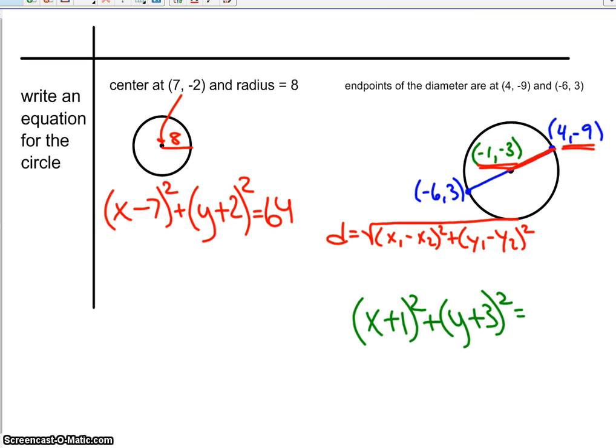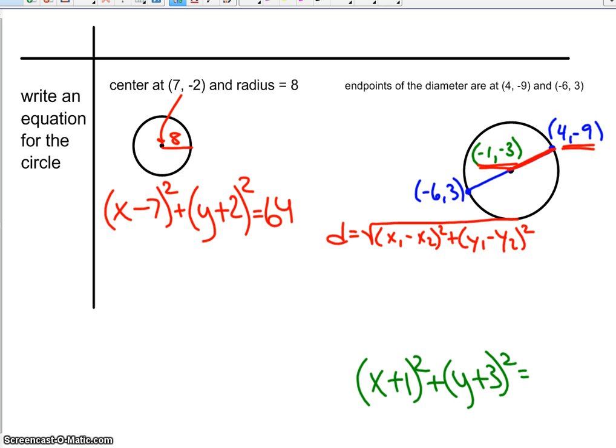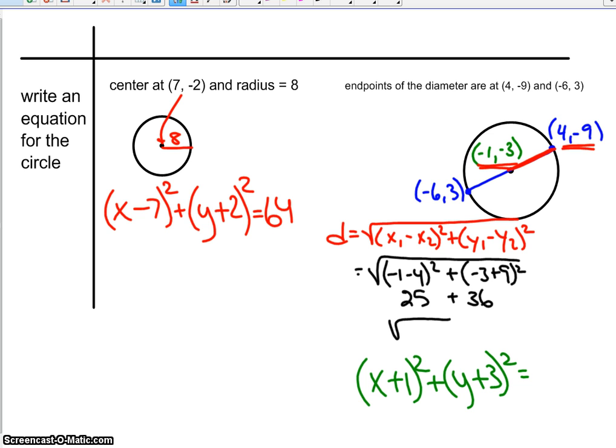And so then we'll plug those values in. So negative 1 minus 4 all squared plus negative 3 minus a negative 9, so plus 9 squared. This is going to become 5 squared or negative 5 squared, so 25. Plus that's going to be 6, so 36. So the square root of 61. That's that distance. Don't confuse this with diameter because we're using d.